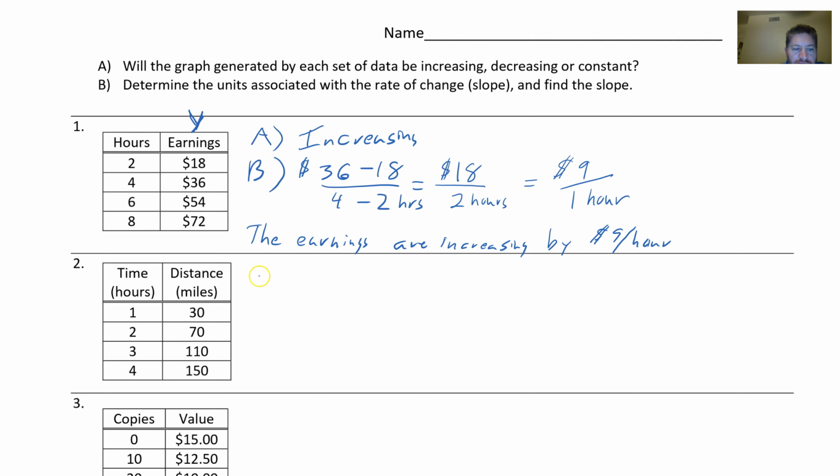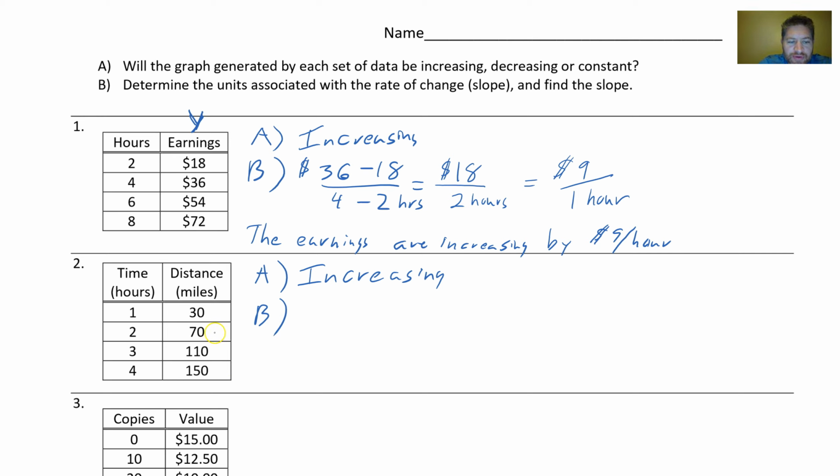Let's try another one. So let's do number 2. We went from 30 to 70 and from 70 to 110. That is also increasing. And then B, our slope. So any 2 points, so we can say 150 and 110, it doesn't matter, or you could say 70 and 30, or 110 and 70.